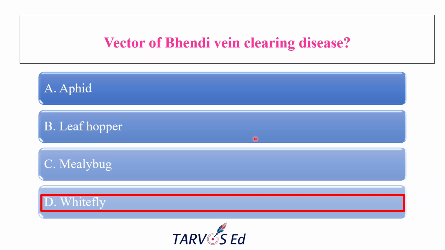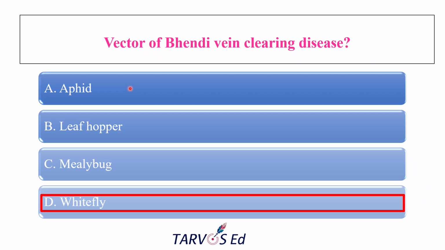It's because whiteflies are the primary vectors of most of the begomoviruses in Bhendi, tomato, and cotton. They transmit the virus in a persistent manner while feeding on the phloem sap.